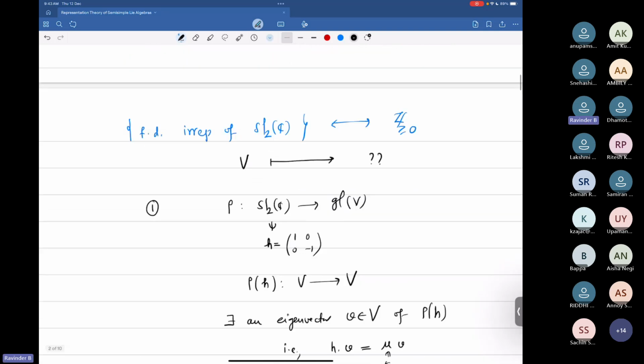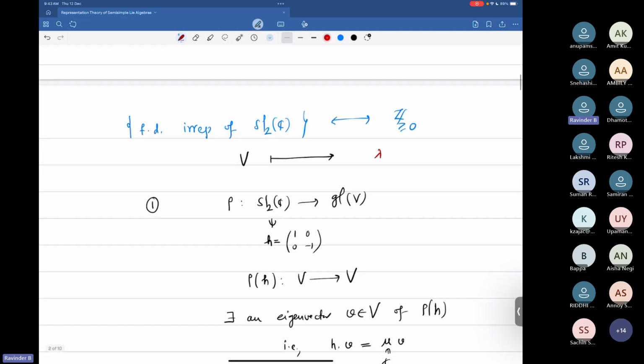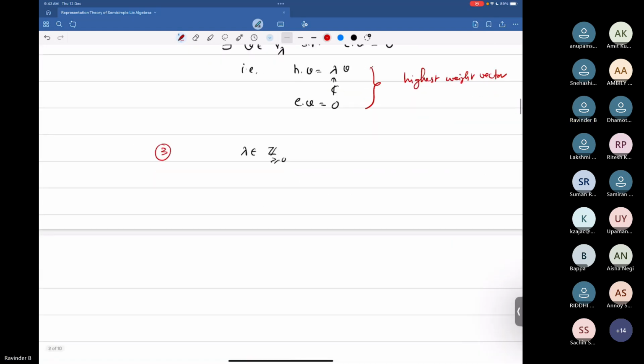And she associated to that lambda the weight of a highest weight vector in capital V. After getting lambda, you keep hitting with F. So the fourth step: you have now the vector v_lambda, and you keep hitting with F a certain number of times, and then the next time it will be 0.